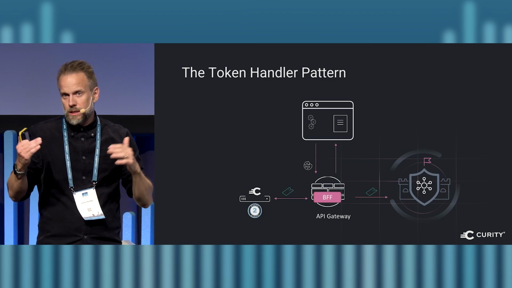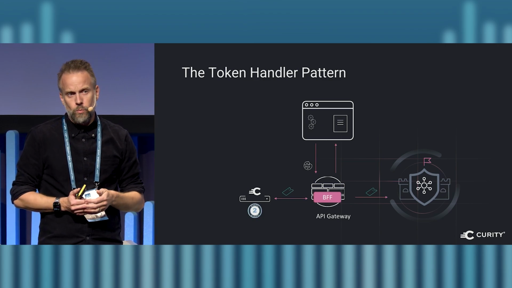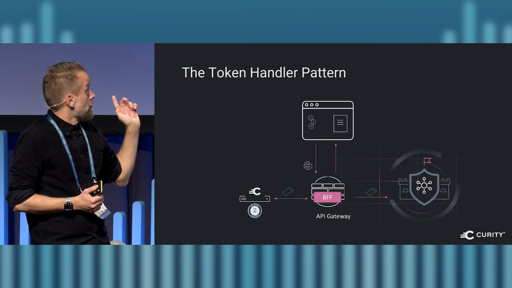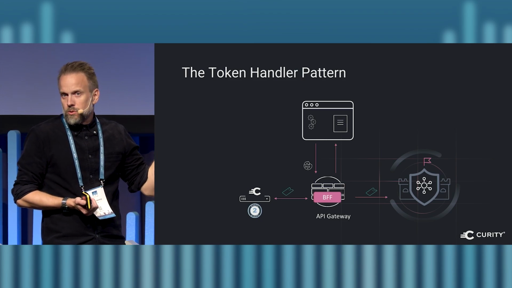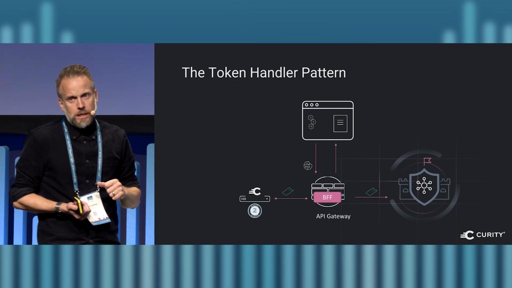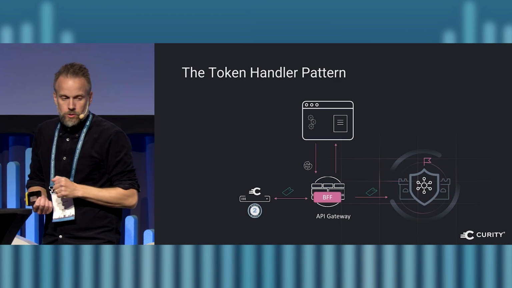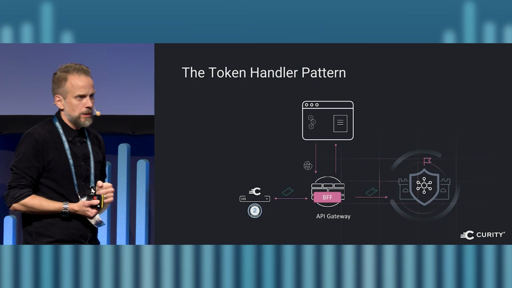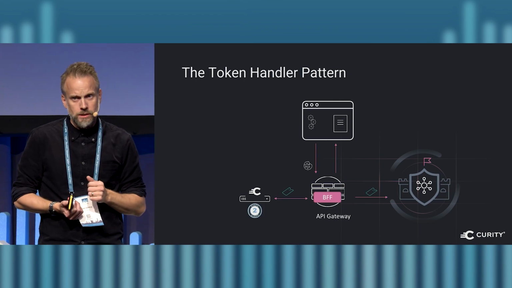Then we're on par with, as good as you can get on the web today, because browsers don't let JavaScript access cookies if you do it right. So that's a good pattern, and you should be using it if you're doing single-page applications.